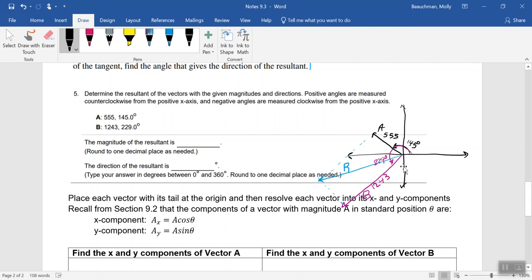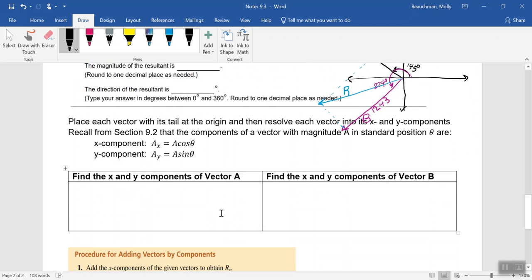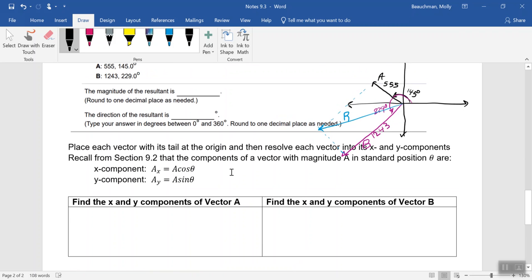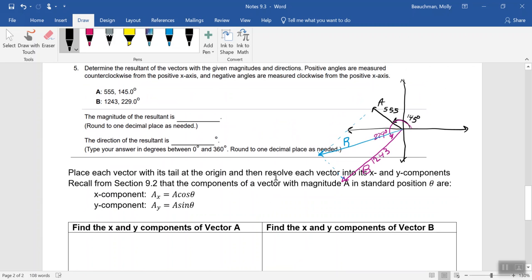So the way we do this is we first of all find the x and y components of both A and B. So in a previous section, we found that the x component of a vector A is A cosine theta, and the y component is A times the sine theta. So it's the magnitude times the cosine or sine of the angle.